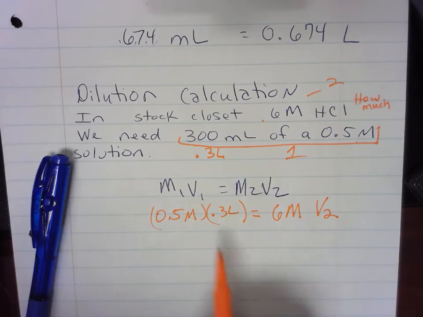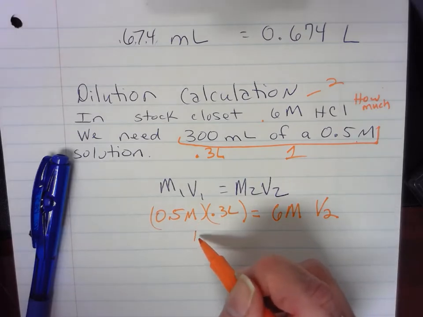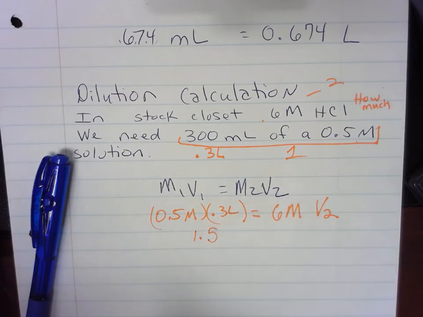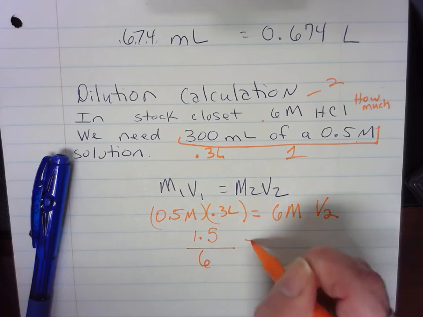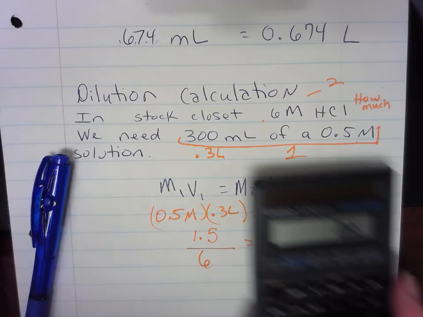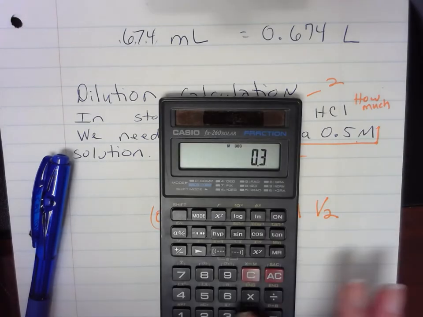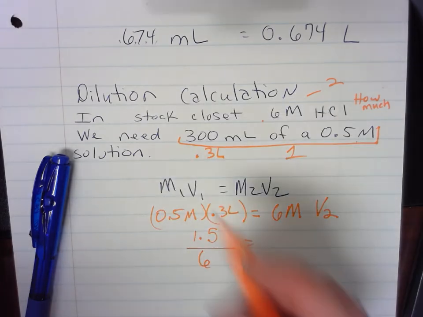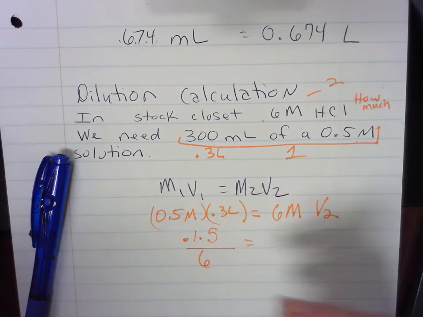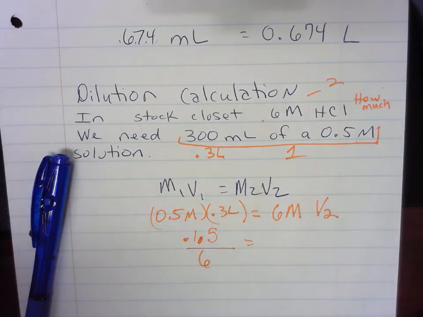So 0.5 times 0.3, I'm sorry, that's 0.15. I'm so tired. So that's 0.15.